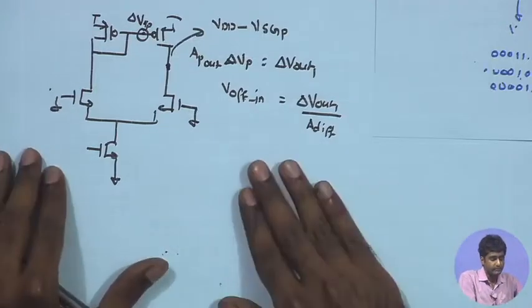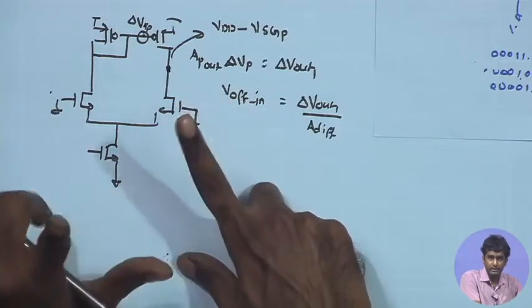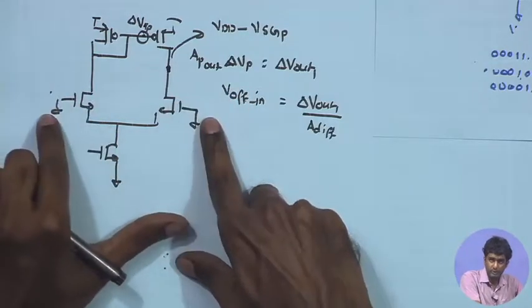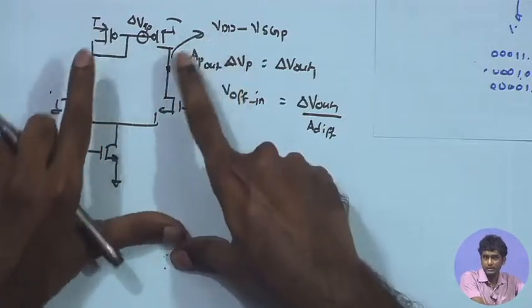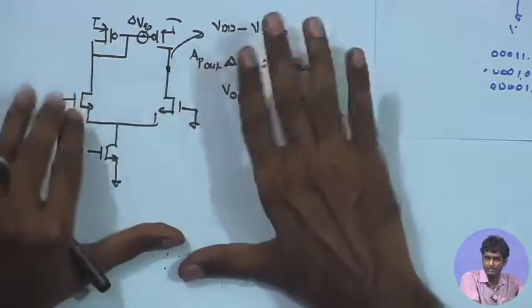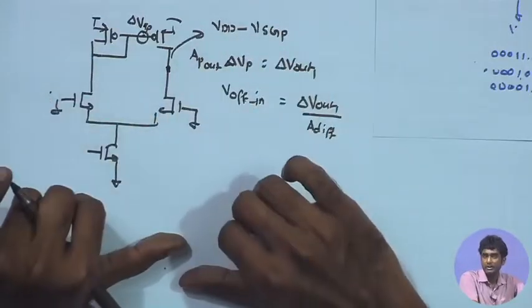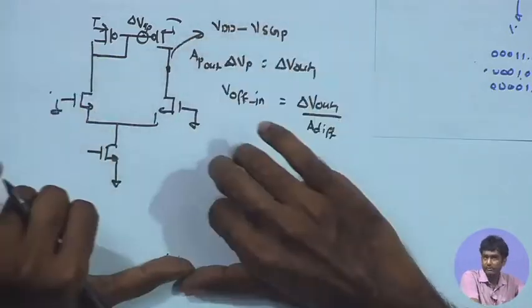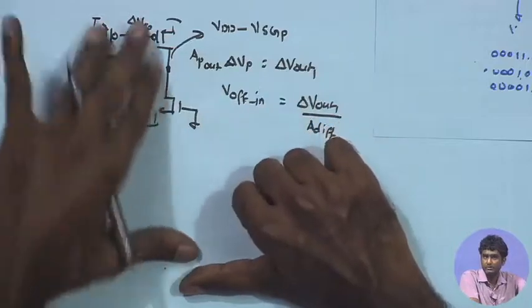Just like the noise case, we have seen that the input referred noise mostly depends upon the first stage, because for the second stage the noise is getting divided by the gain of the first stage. Likewise, for the two stage amplifier or comparator that we are using, the overall input referred offset will be dominated by the offset of the first stage.